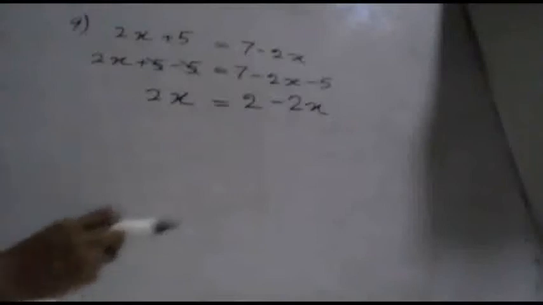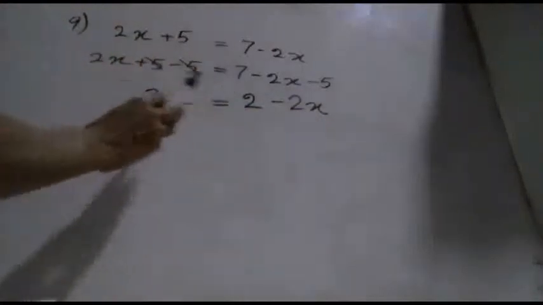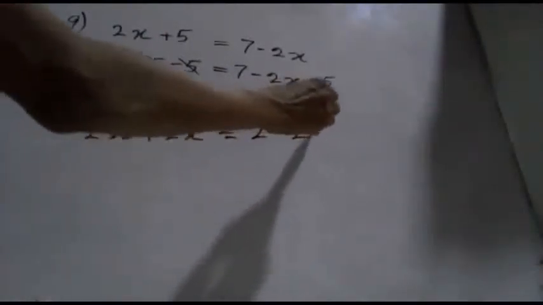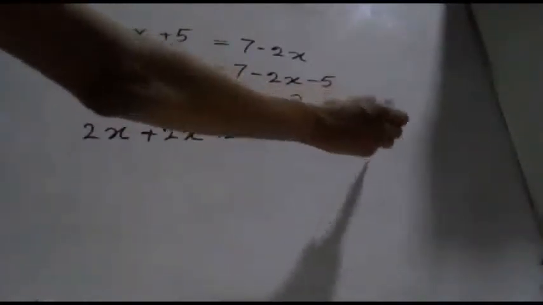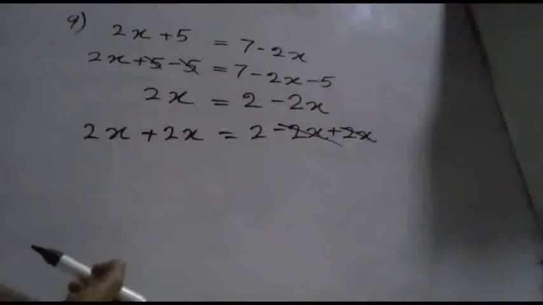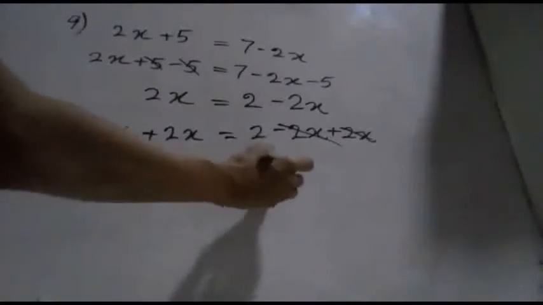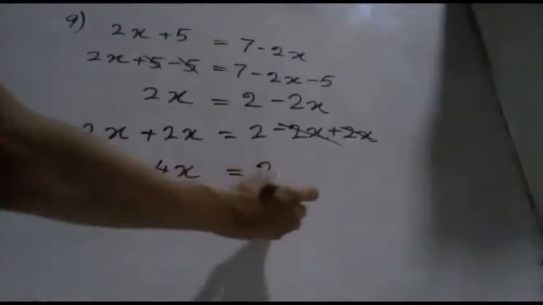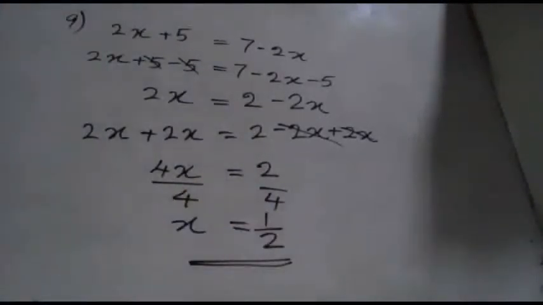Now we take this subtract 2x to left hand side, or we add 2x to both sides. Here subtract 2x, we add 2x to both sides. So minus 2x and positive 2x cancel out. 2x plus 2x is equal 4x is equal to 2, both sides divide by 4. X is equal half.